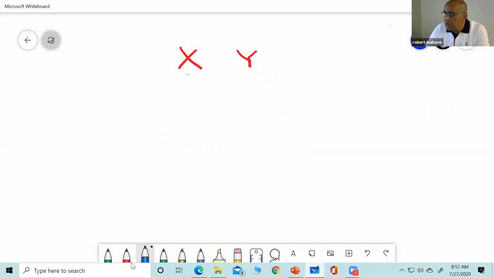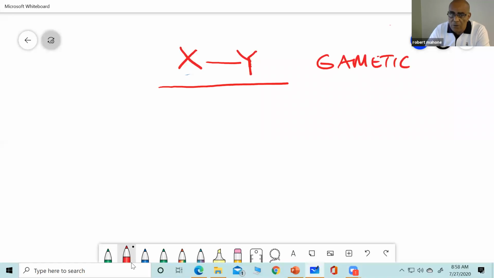Now, you notice that we did use letters and numbers to indicate the chromosomes. Let's start with the letters, X and Y. These will be attached always across from each other on that ladder. And this combination is known as your gametic chromosomes.